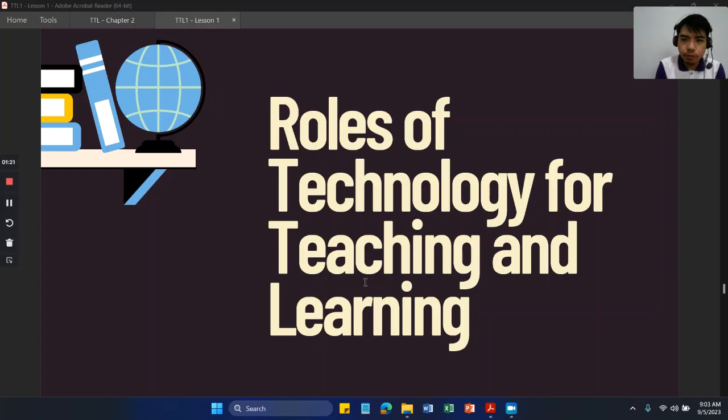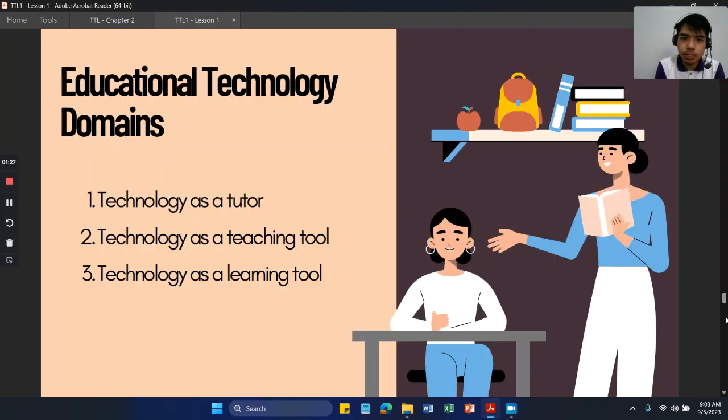So there are different roles when it comes to the presence of technology when it comes to teaching and learning. So for instance, educational technology is actually providing different domains sa kung paano nga ba natin nagagamit ang iba't ibang mga bagay as a form of the delivery when it comes to our discussions.